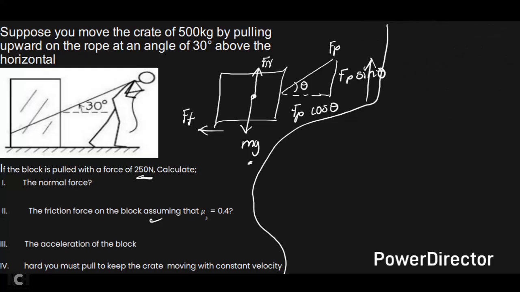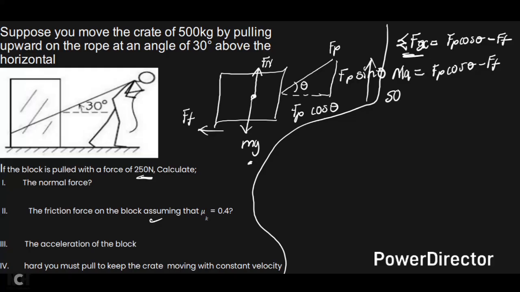In this situation, you have to find the summation of all the forces in the x-axis. In the x-axis we have Fp cos theta minus the friction force. On the side where there is Fx, we replace it with ma, because force is equal to mass times acceleration. So ma is equal to Fp cos theta minus the friction force.